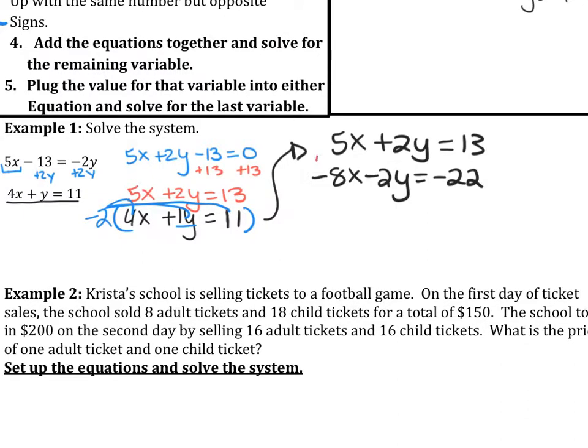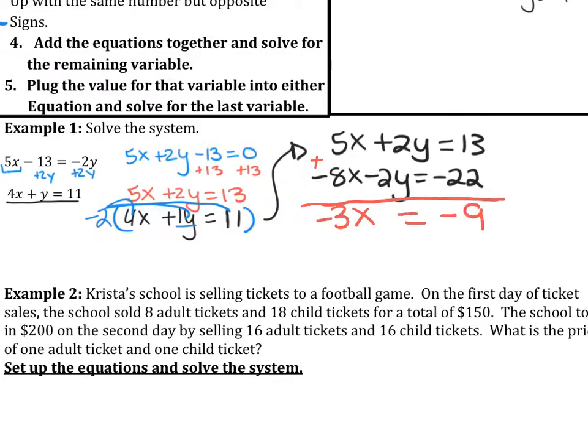So we can add our two equations together. So 5x minus 8x gives us negative 3x. My y terms cancel out. 2y minus 2y is 0. And then 13 minus 22, or plus a negative 22, gives us negative 9.